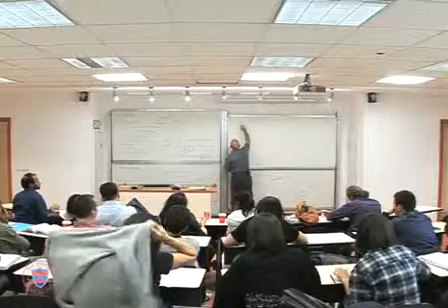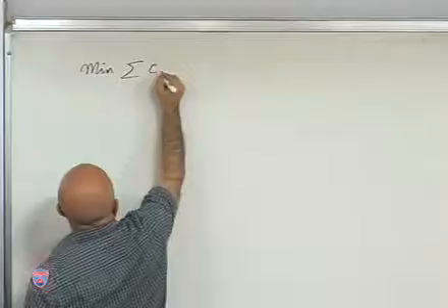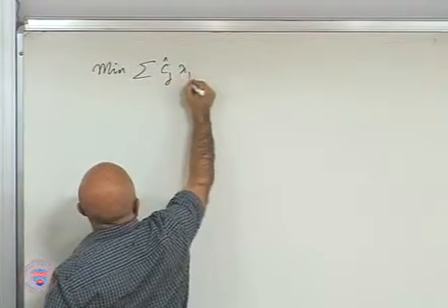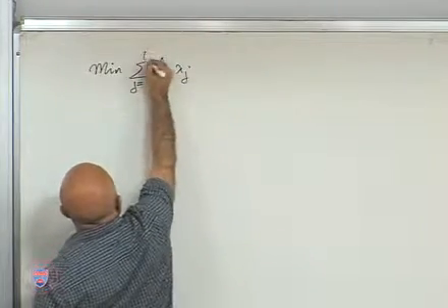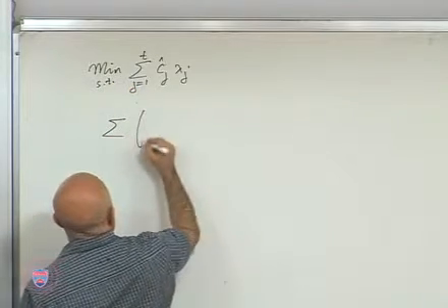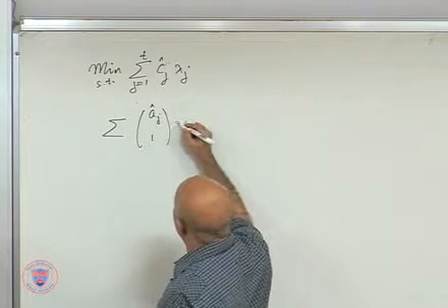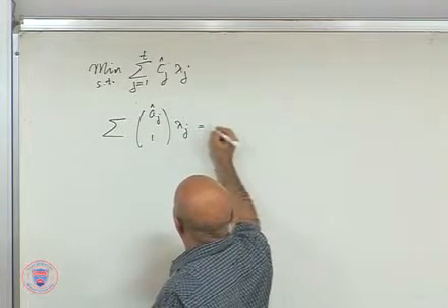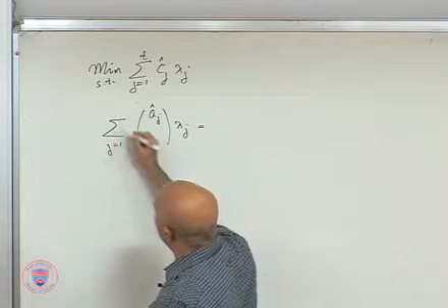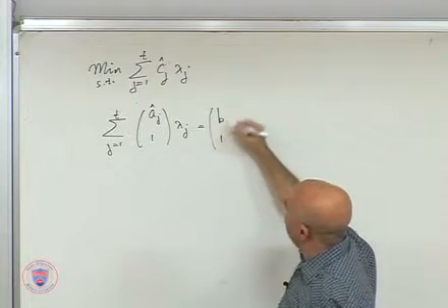So the problem becomes minimization of the sum of Cj cap lambda j, subject to the sum of Aj cap with a 1 times lambda j equals b and 1.